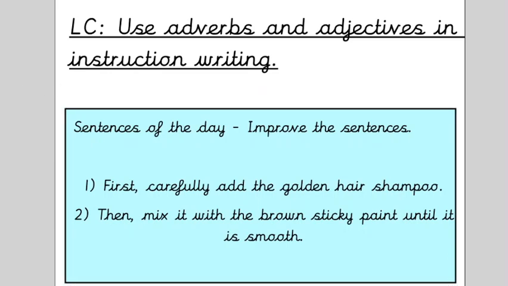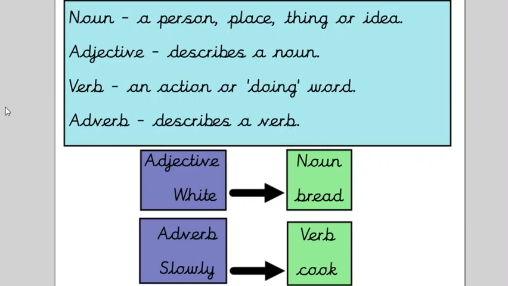So today, like I said, we're looking at adverbs in our writing. Now we've looked at nouns, obviously a person, place, a thing. Yesterday we looked at adjectives describing that noun, and we've looked at verbs before, the action, the doing word. Now an adverb, you can kind of see it in the word adverb. I remember it by saying it adds to the verb.